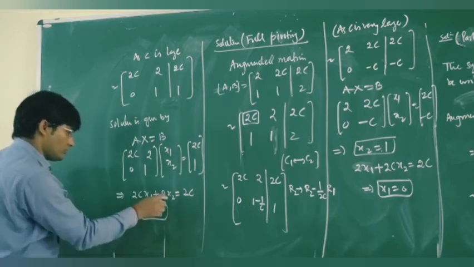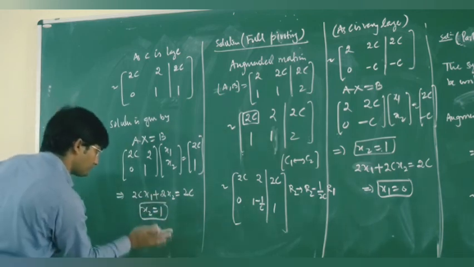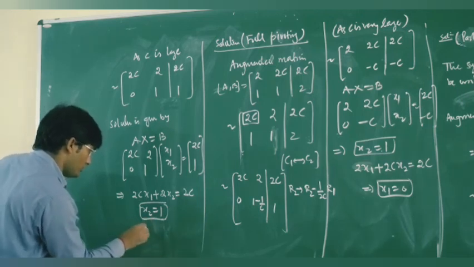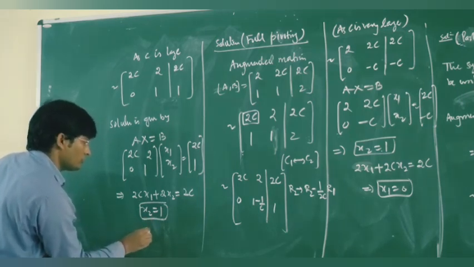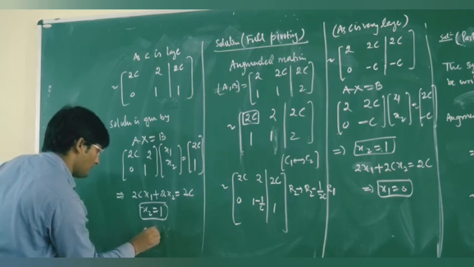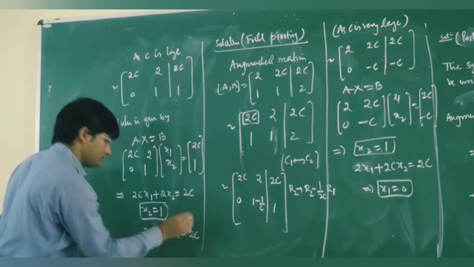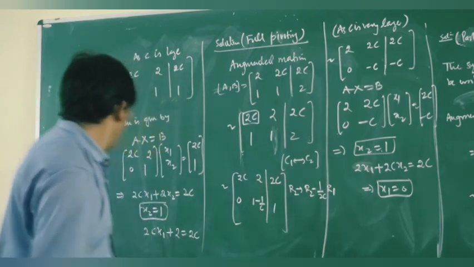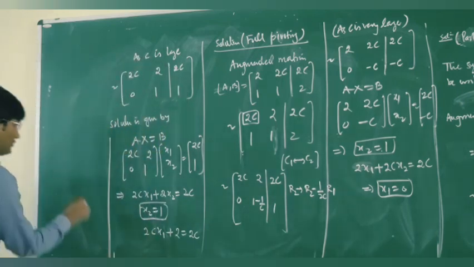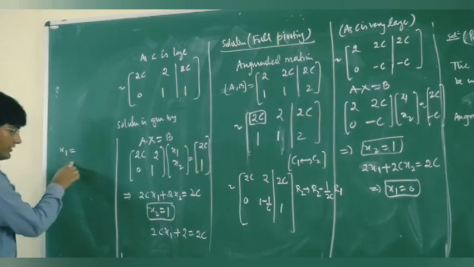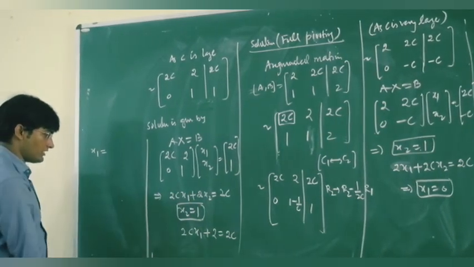So your x2 is 1, so just put the value of x2 here. So your 2C x1 plus 2 equal to 2C. So your x1 will be, just divide this whole equation by 2.